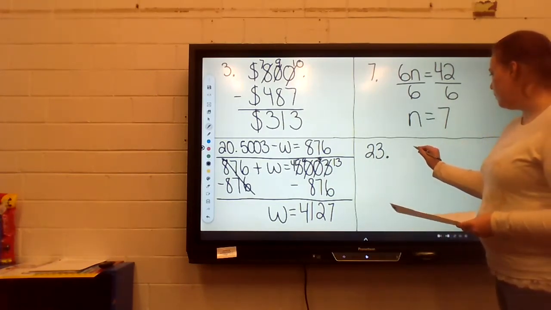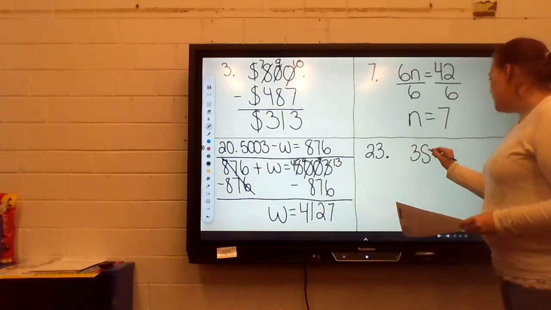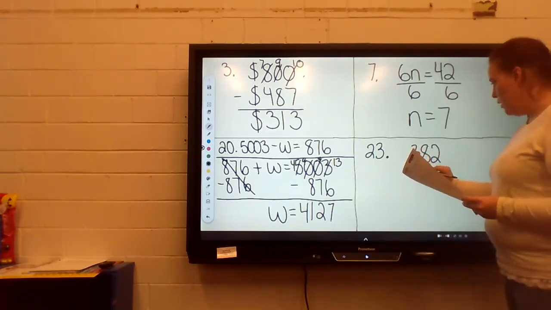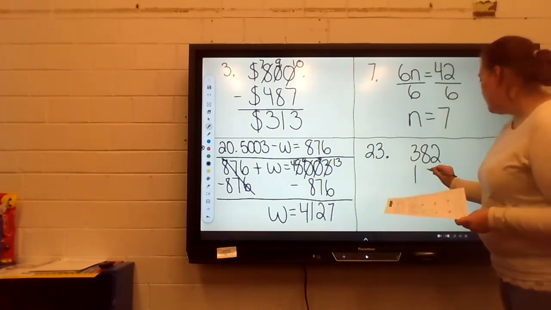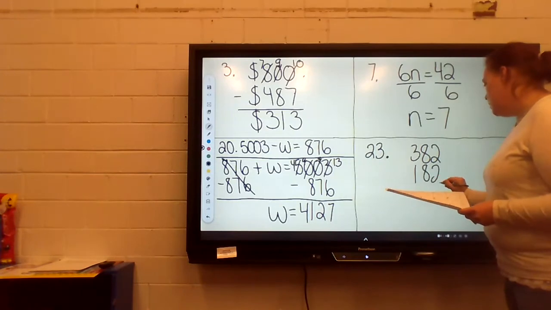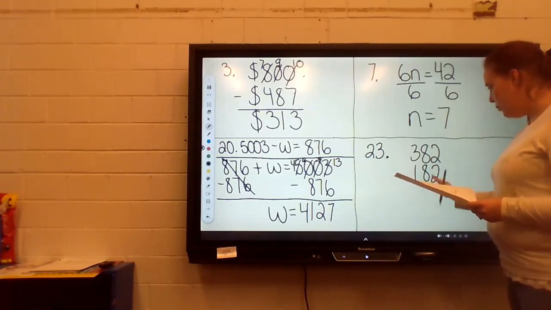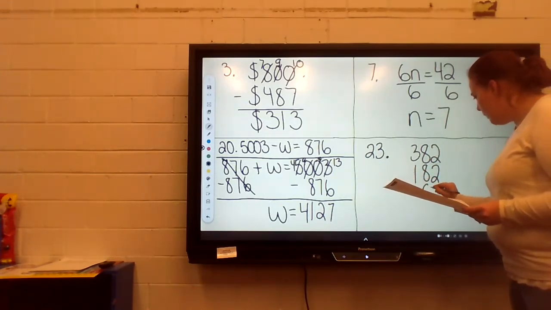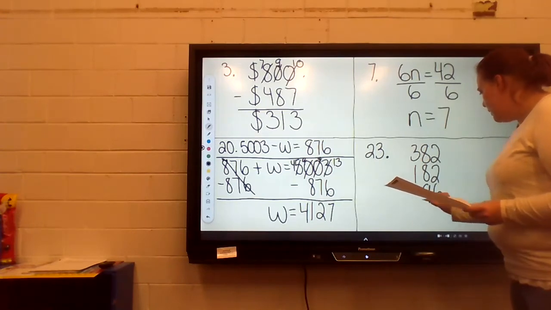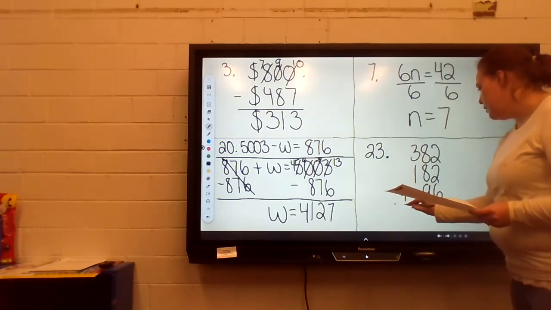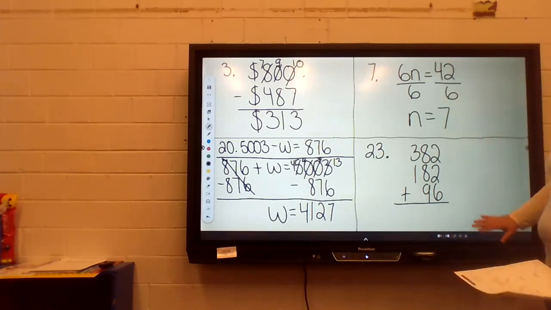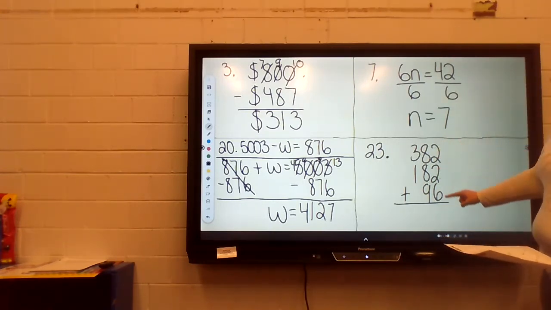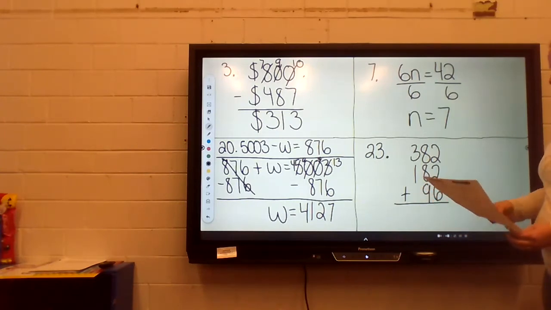So we have 382, 182. And then over here in my tens place, I'm going to write the number 96. And as I said, this is an addition problem. So your numbers should look like this when they're all lined up, okay?